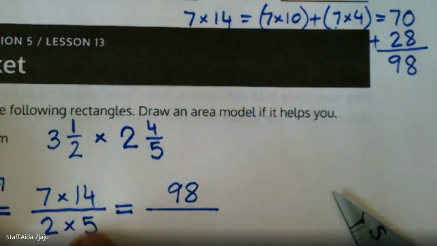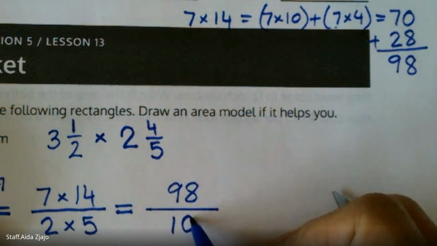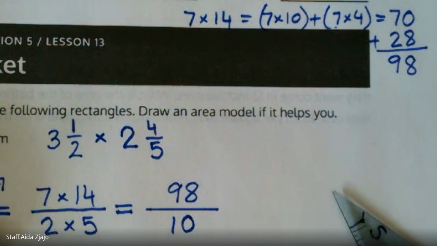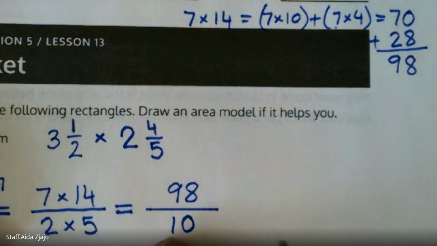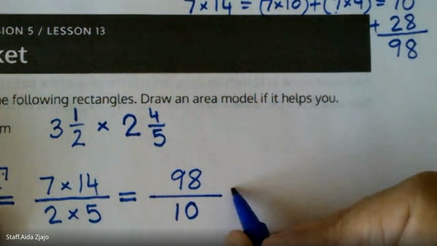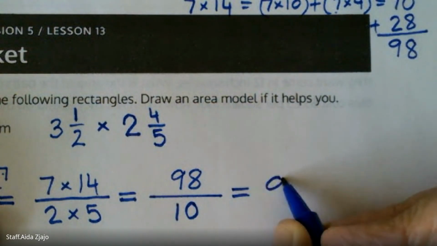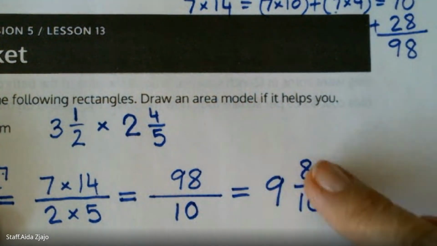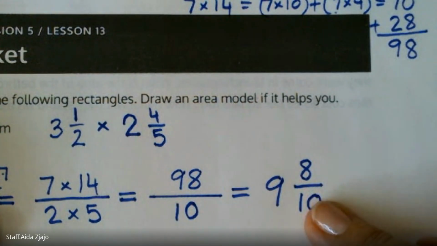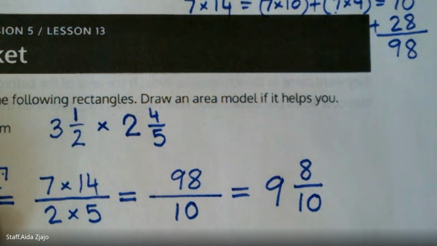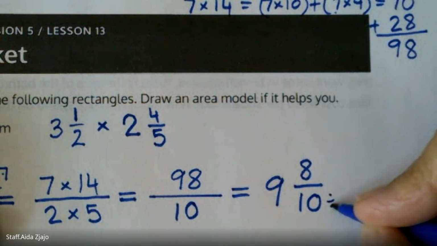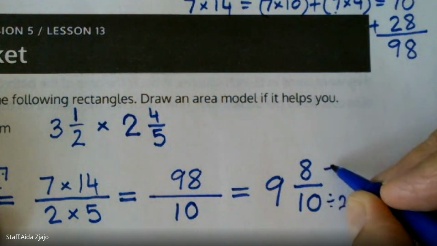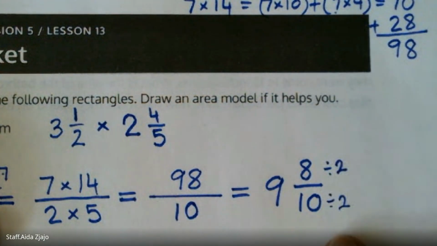And what is 2 times 5? That's 10. So now I can see, oh, 10 pieces makes a whole. So I have here 90, so I will have 9 wholes and 8 tenths. But I can see that this is not in simplest form, because I am able to divide the denominator and numerator by their greatest common factor, which is 2.